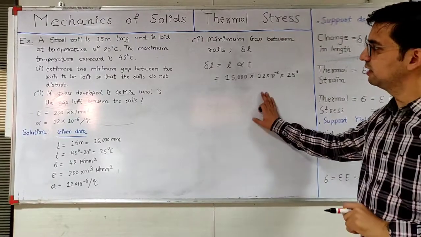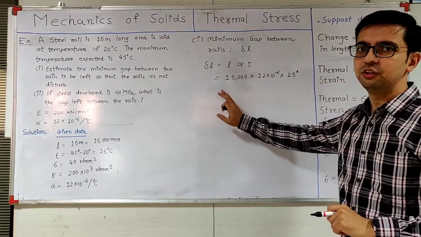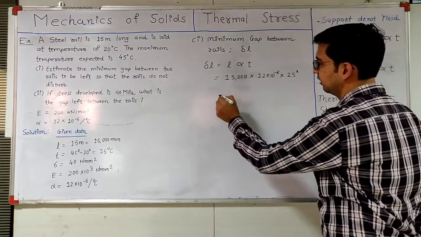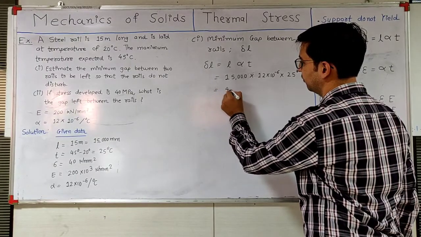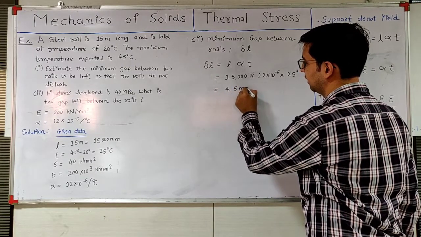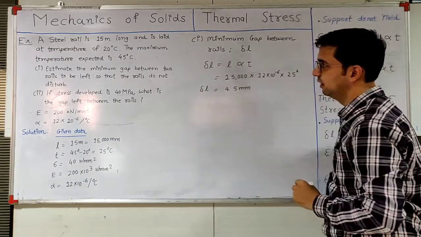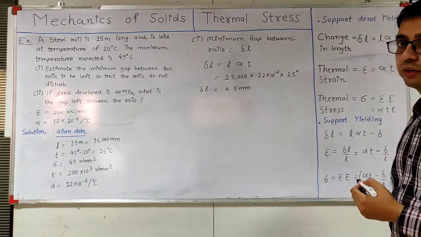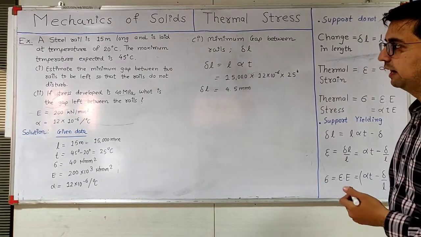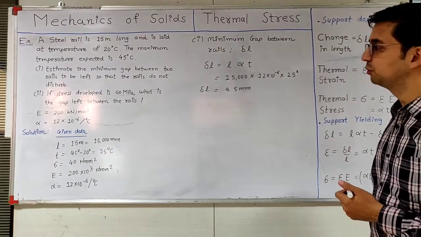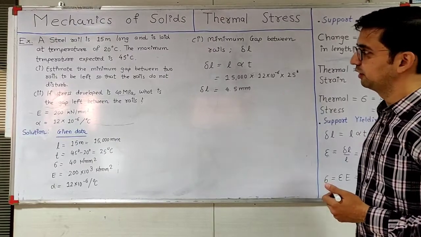By simplifying this calculation, you get the answer as 4.5 mm. So this is the required parameter number 1: the minimum gap between two rails such that the rails do not get disturbed due to temperature difference.